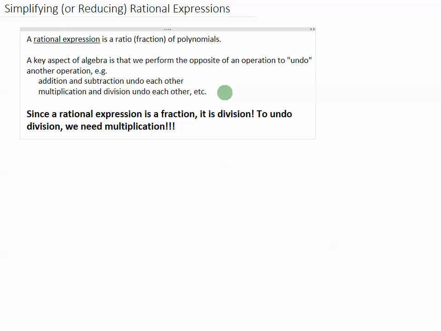To undo division, we need multiplication. So we will be creating multiplication before we cancel. That's the idea here.